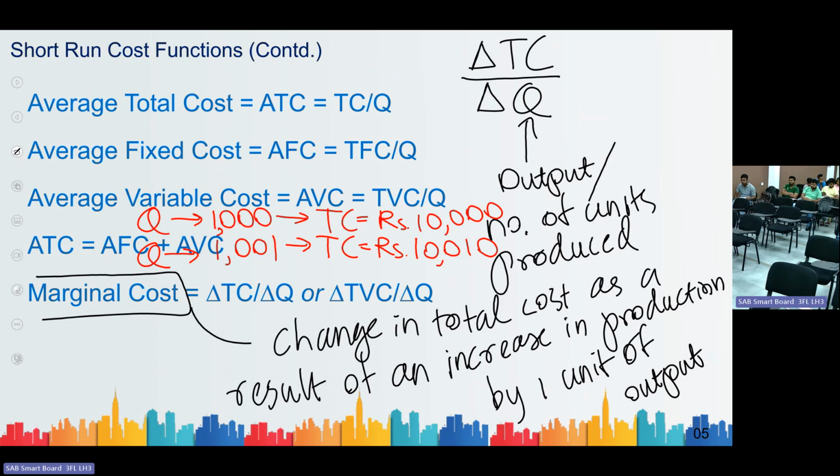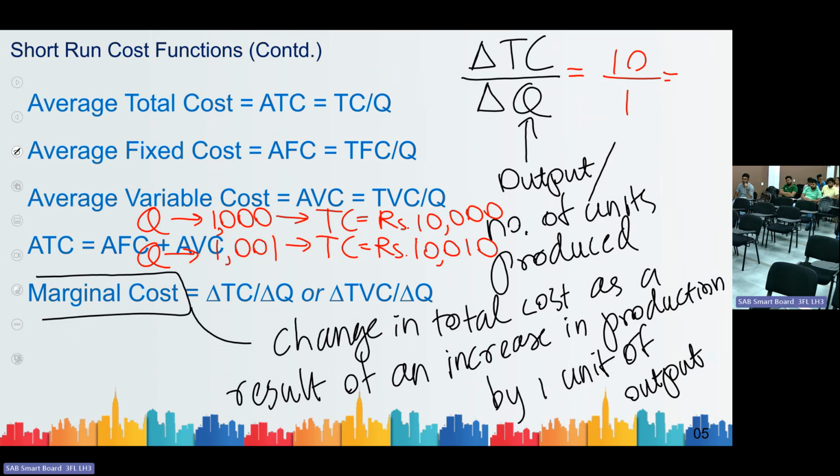Then what is marginal cost in this case? Change in total cost is how much? 10,010 minus 10,000, the change in total cost is 10. Then change in output, 1,001 minus 1,000, is 1.